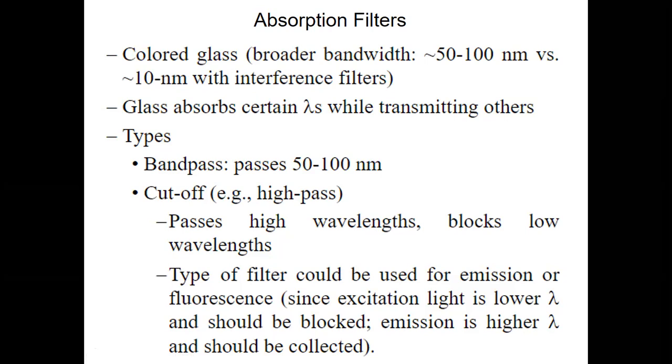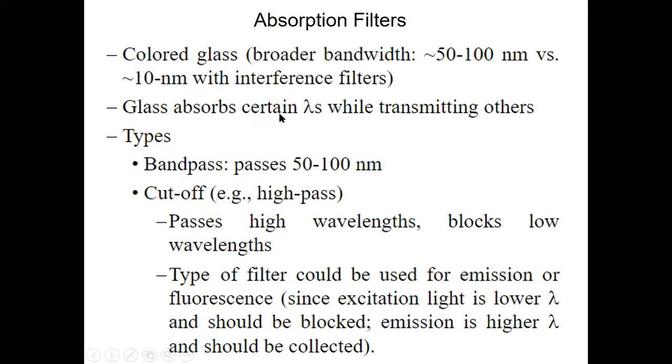But the absorption filter will have a broader bandwidth, like 50 to 100 nanometers. So compared to the absorption filter, interference filters are better because they have shorter bandwidths.